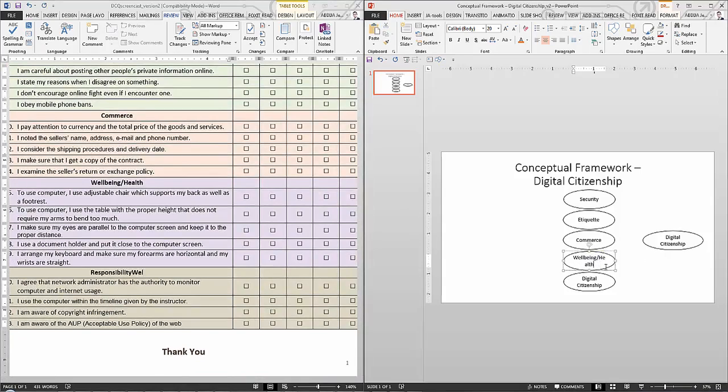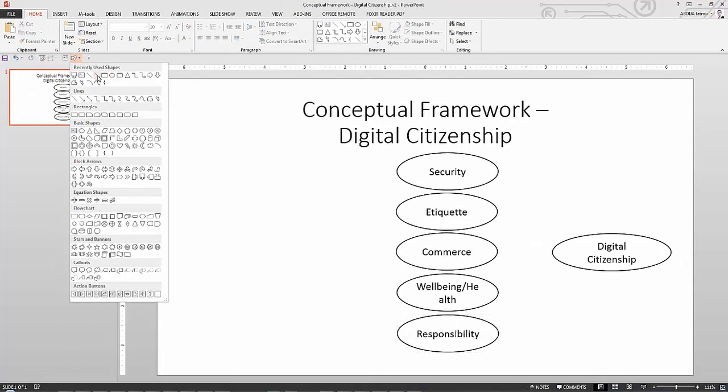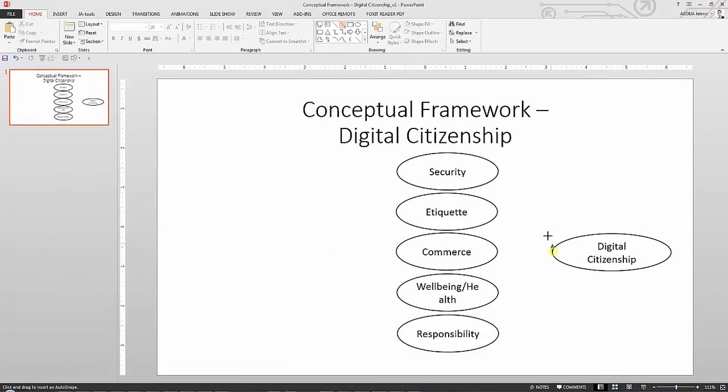Well-being and health. And the last one, responsibility. So now we would draw the arrows.